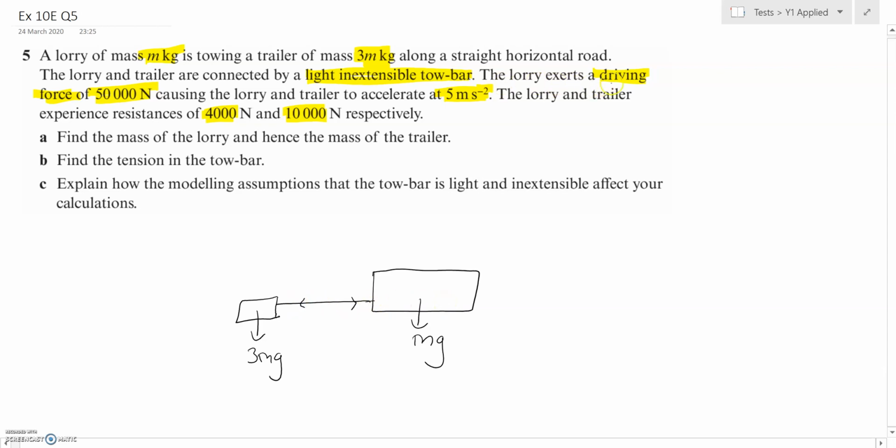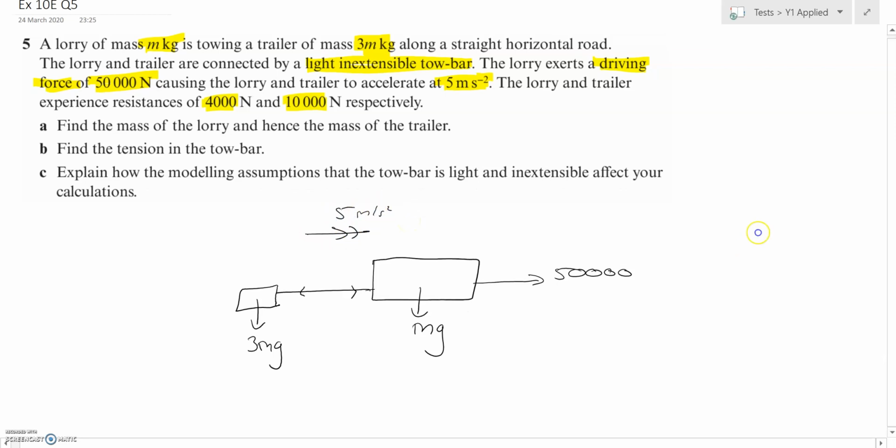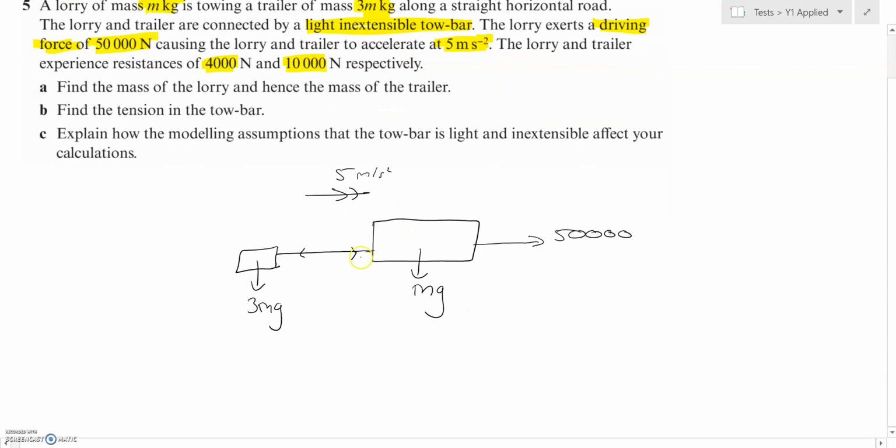So the lorry exerts a driving force of 50,000 newtons. So we've got 50,000 going to the right there. And the lorry and the trailer accelerate at 5 meters per second squared. And the lorry and trailer experience resistive forces. So this one has 4,000 going backwards, and this one's got 10,000 newtons going backwards.